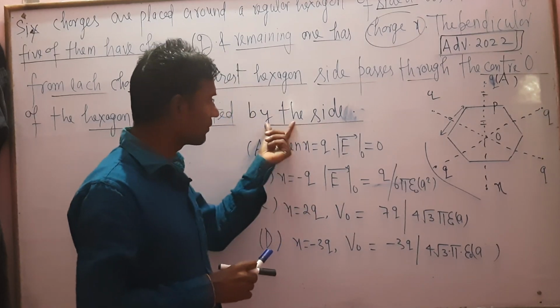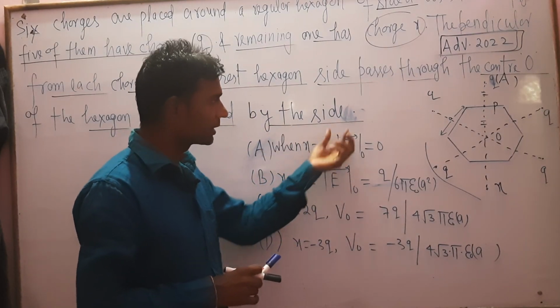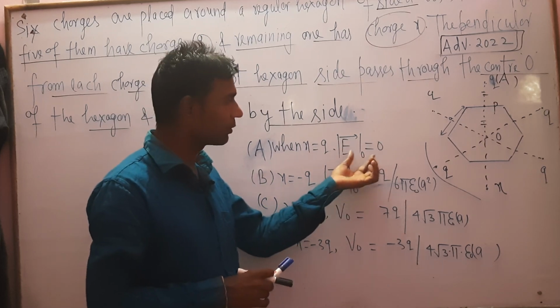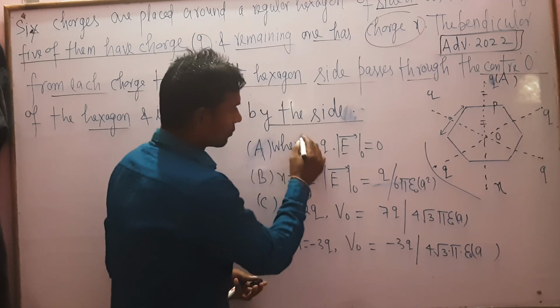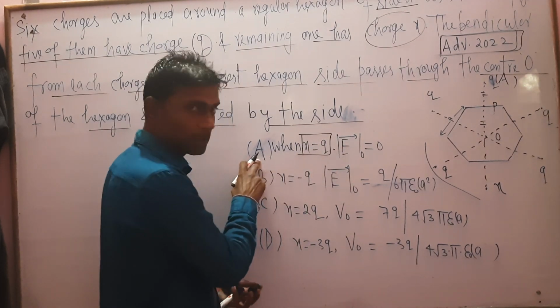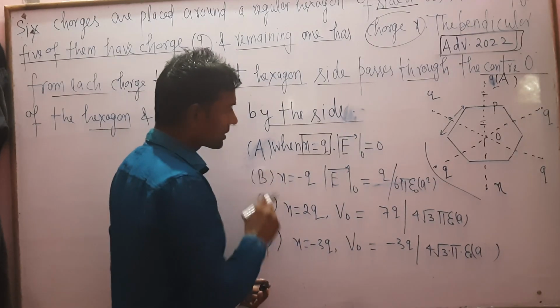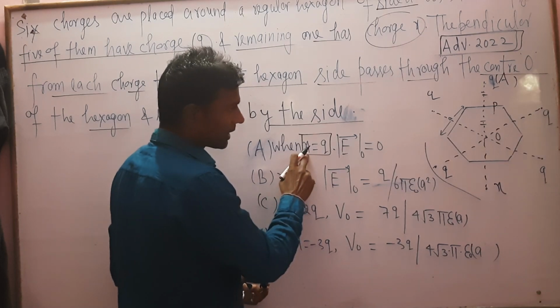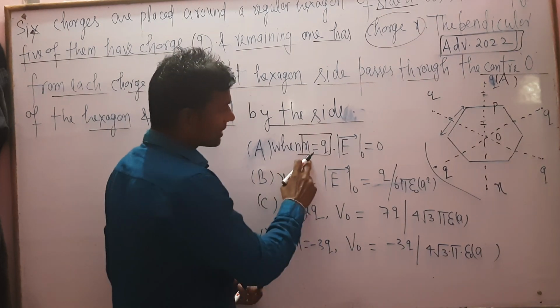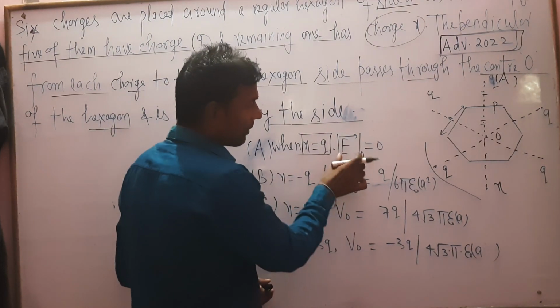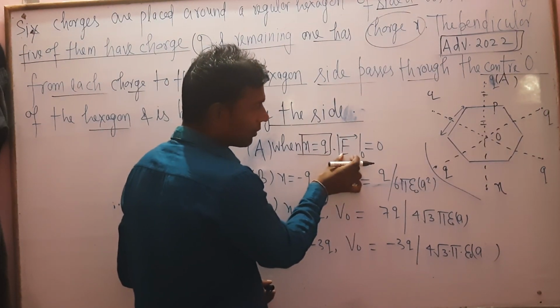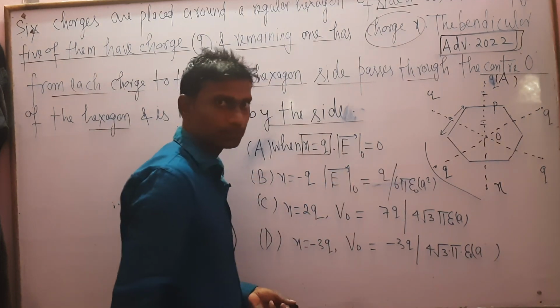Option A says that when x equals q, the magnitude of the net electric field at point O equals 0. Option A says that if the value of x equals q, then the net electric field at point O is 0.